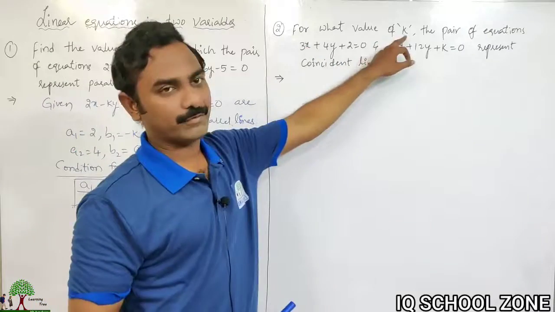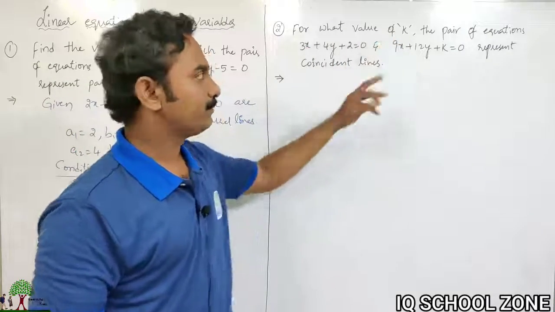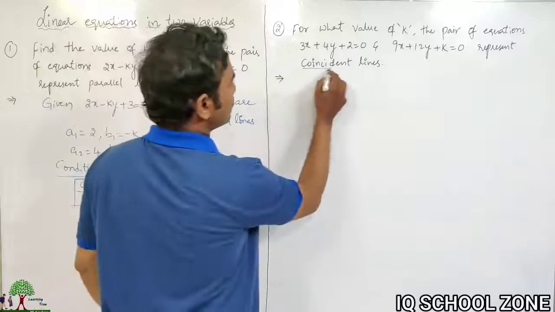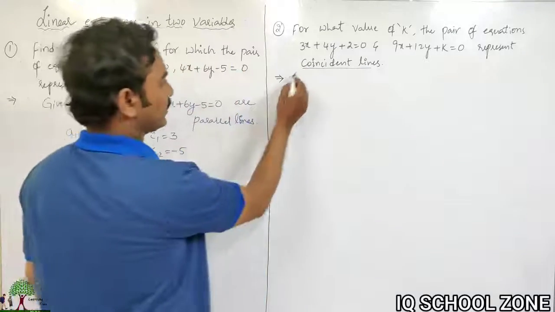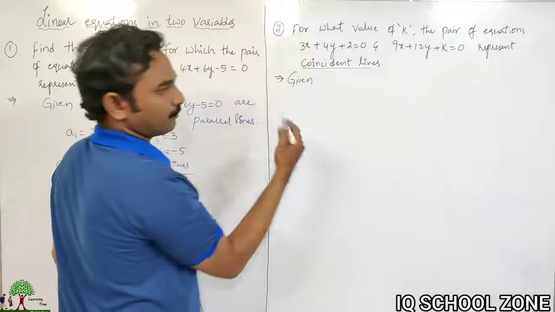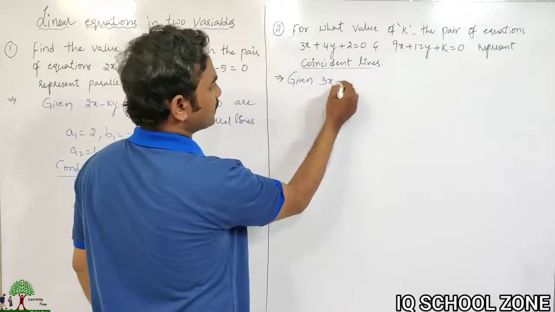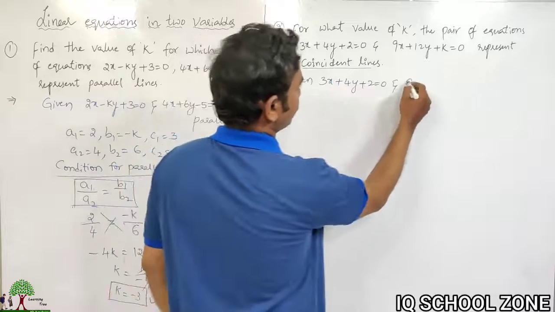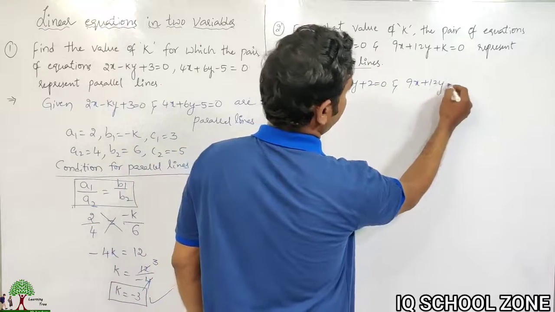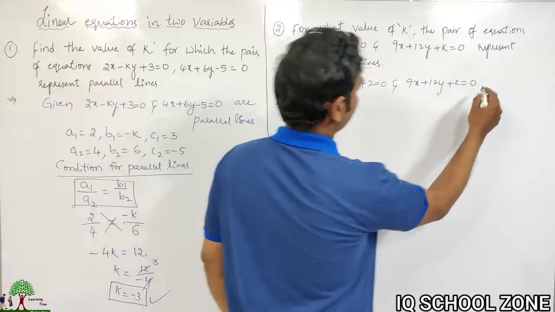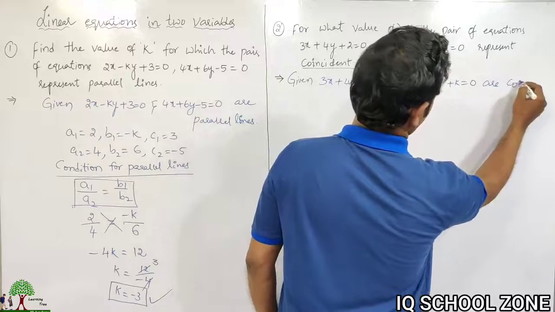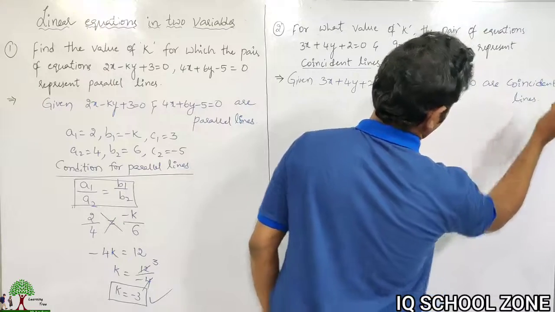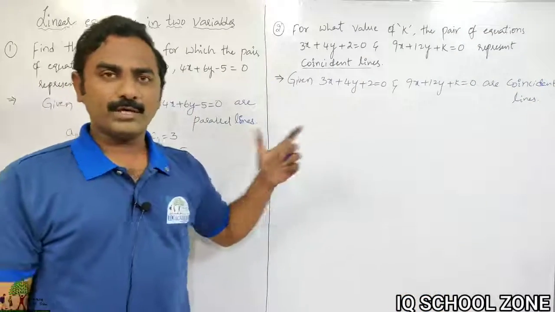For what value of k are the pair of equations coincident lines? The two lines given are 3x plus 4y plus 2 is equal to 0 and 9x plus 12y plus k is equal to 0, and they are coincident lines.